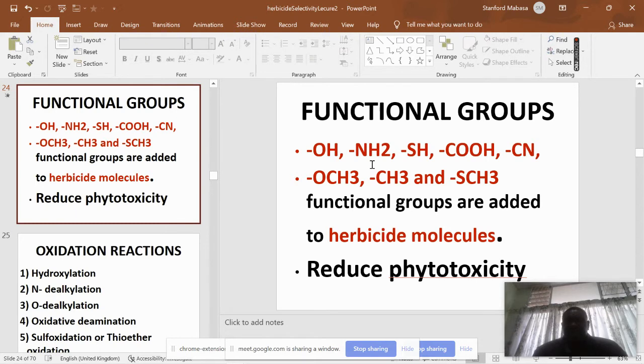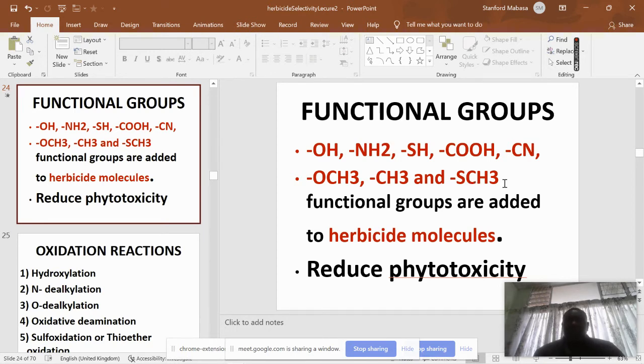Now, we know that herbicide molecules are so complex that we are not going to remember the structures. But what we want to find out from those structures are these: OH, NH2, SH, COOH, CN, OCH3, CH3, SCH3.